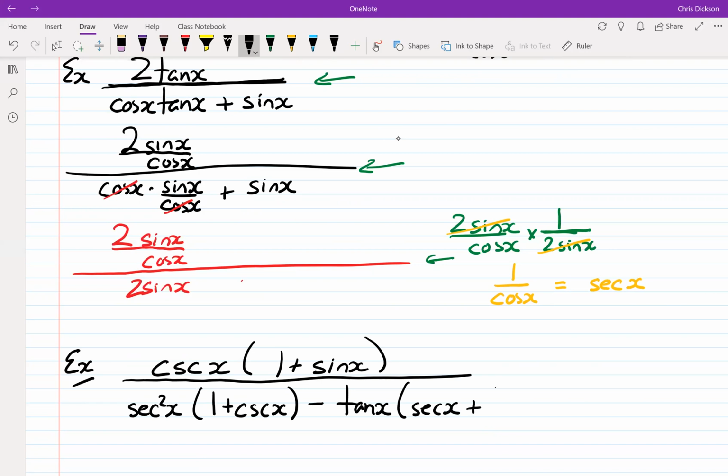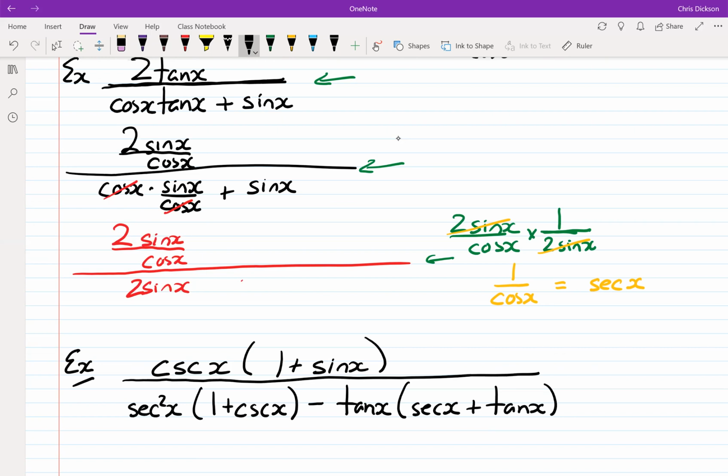Just even writing that down is painful. So just double check: cosecant x, 1 plus sine x, secant x, 1 minus 1 plus cosecant x minus tan x. Okay, there we go.